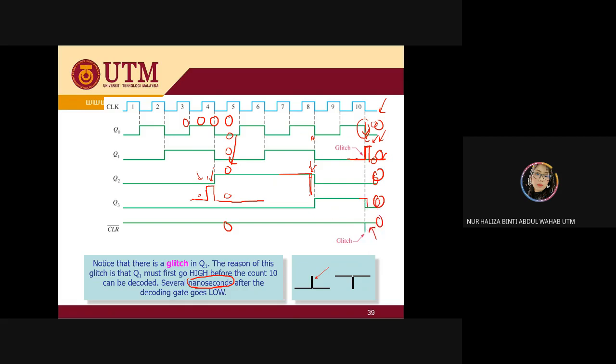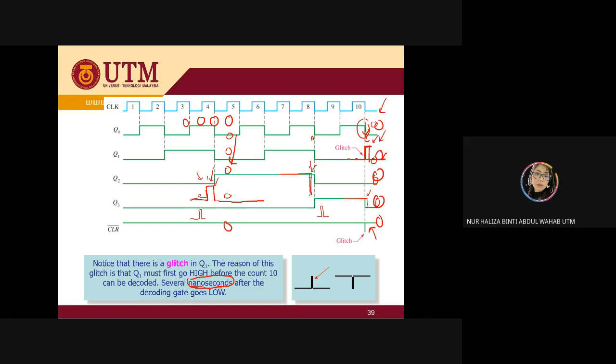You can't see a glitch going from up to down because you already start from up. But when you start from down, you supposedly go up, and suddenly it forces you down, then it's called a glitch because this one is a very small nanosecond.